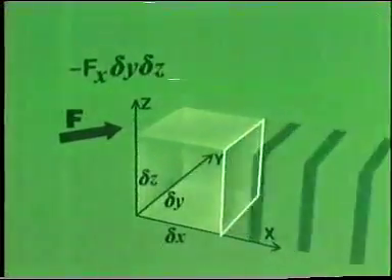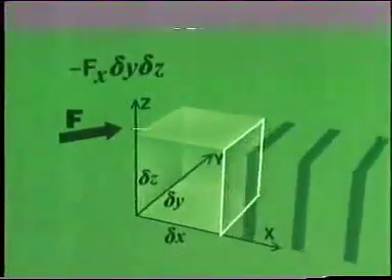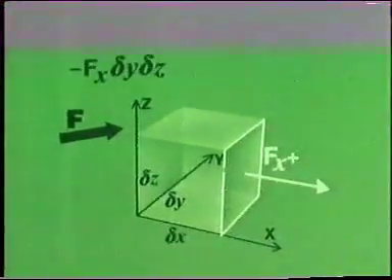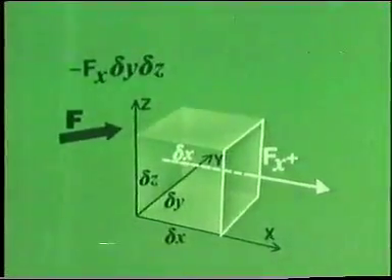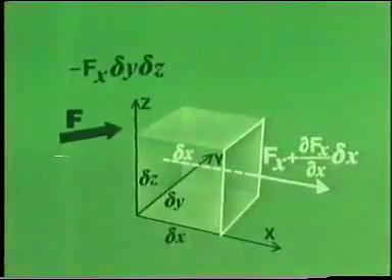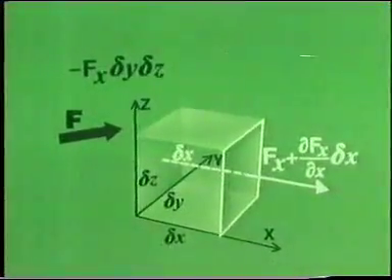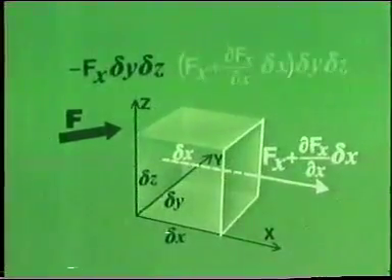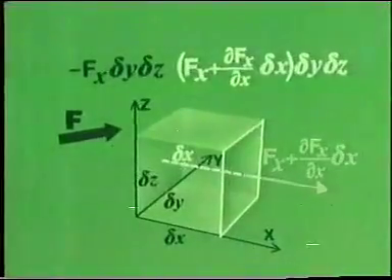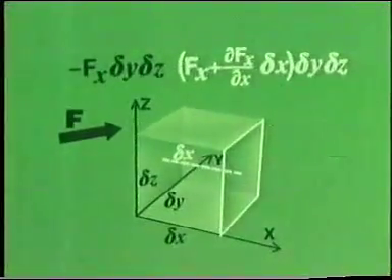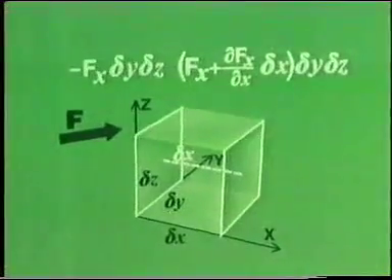Now, let's consider the opposite face. The flow out per unit area is fx plus the change in fx over the distance delta x, which is partial dfx by dx times delta x. So the total flow outwards is fx plus partial dfx by dx delta x, all multiplied by the area delta y delta z.